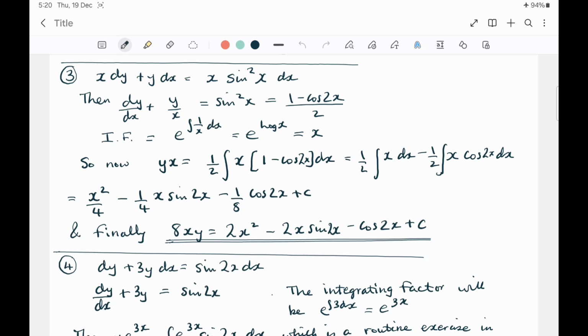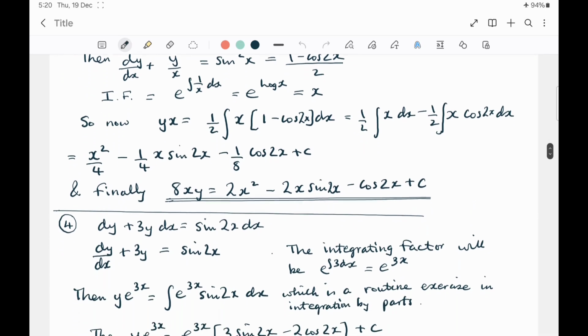And finally, just multiplying up by 8, we'll get 8xy equals 2x squared minus 2x sine 2x minus cos 2x plus c. So that does the third question.